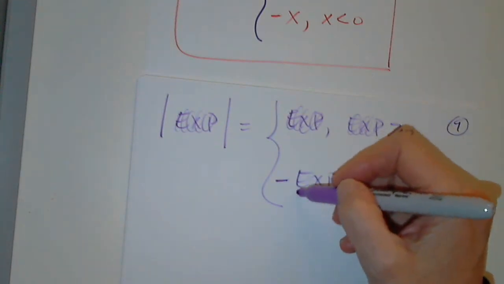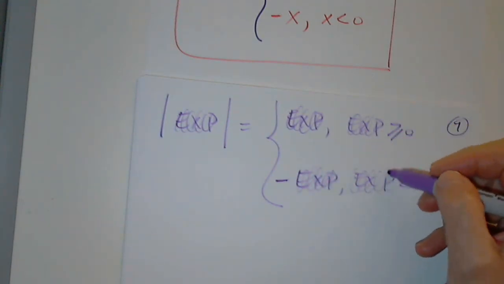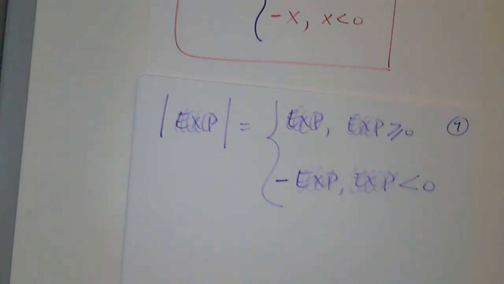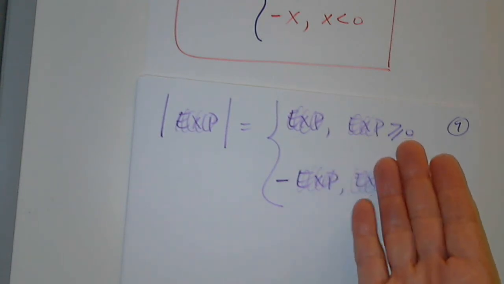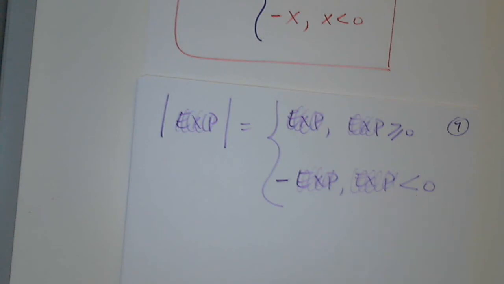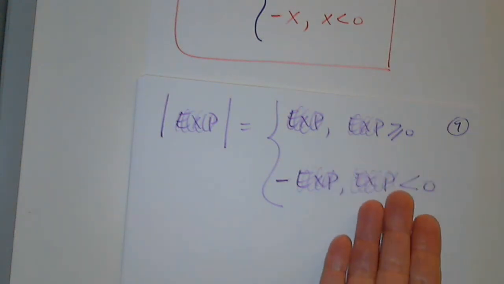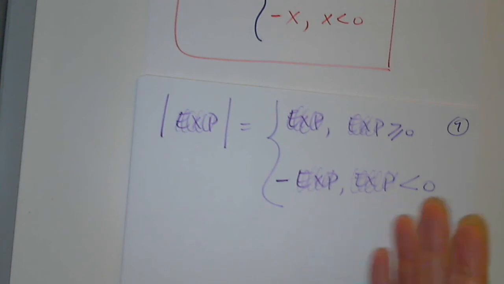We copy this 5 times. The only difference is here. If you solve this inequality, you do not have to solve this one. Whatever you get here, the opposite is this. So if this one is, for example, x greater than or equal to 4, this one must be x less than 4. You don't have to solve the second inequality. It will be a waste of time.